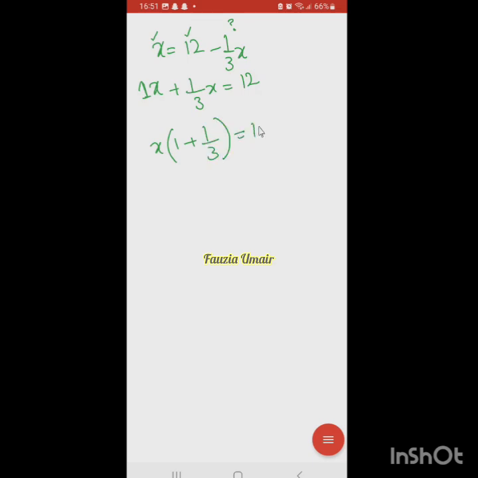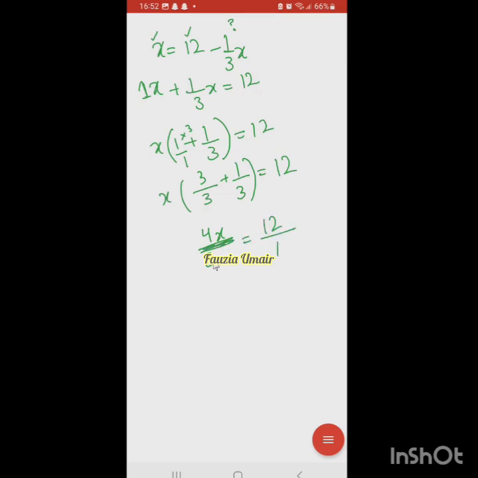Now you need to add these two fractions. To add the fractions, you make the denominator same. You will multiply this with 3, so you will get 3 by 3 plus 1 by 3. If anything is not clear, Amrish, you need to tell me. Is equal to 12. Now if you add them, it is 4 by 3x, or 4x by 3, whichever you prefer, is equal to 12 by 1.